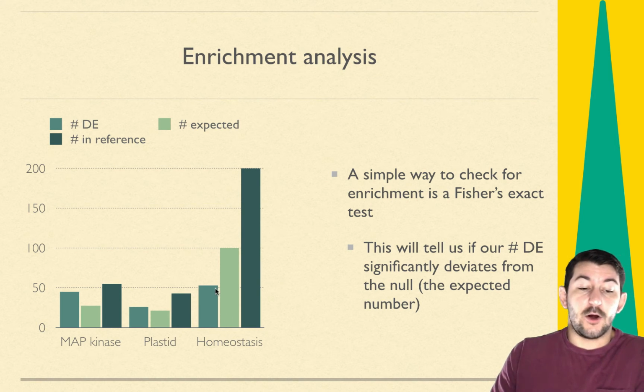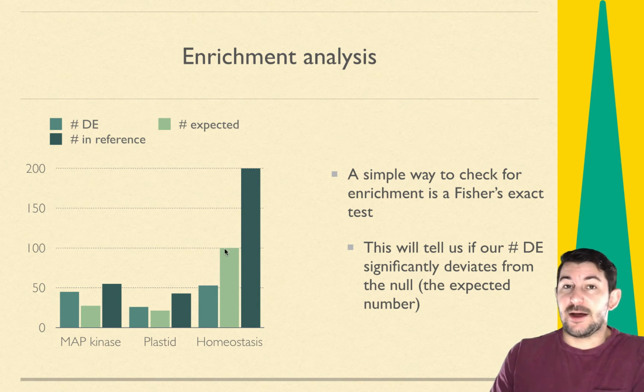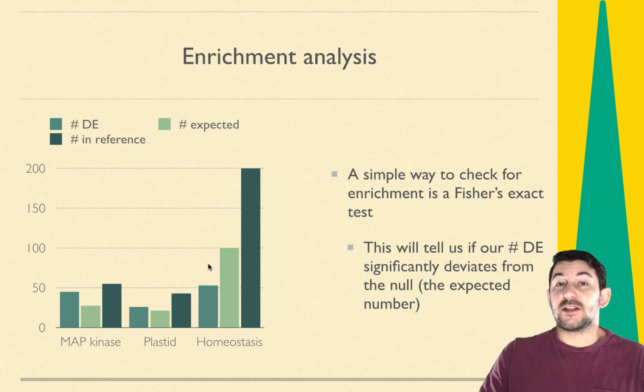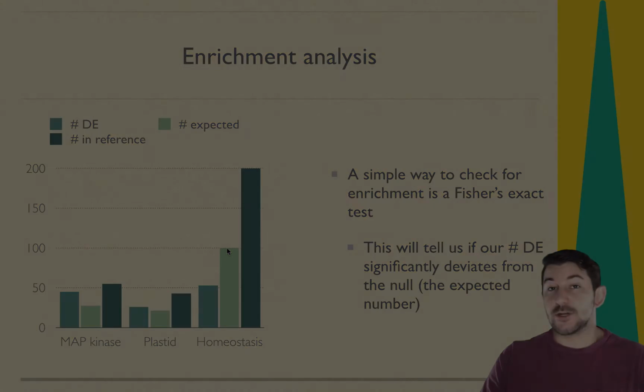And so here, homeostasis, we expect, again, about 100 genes. We actually only saw about 52. MAP kinase, we expected about 25. We saw close to 50, almost the full amount of MAP kinase genes. And so we can now statistically test whether this actual observation significantly differs from the null expectation.